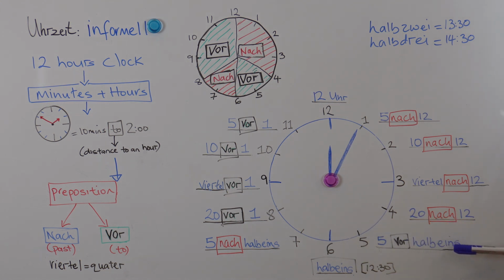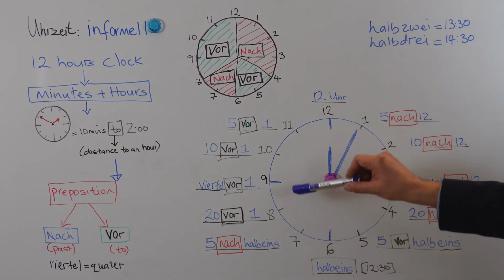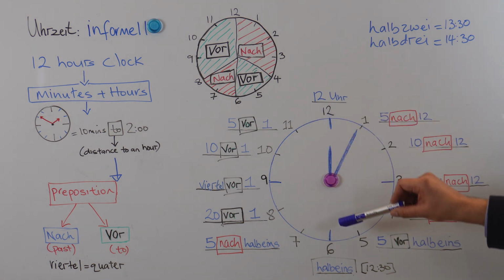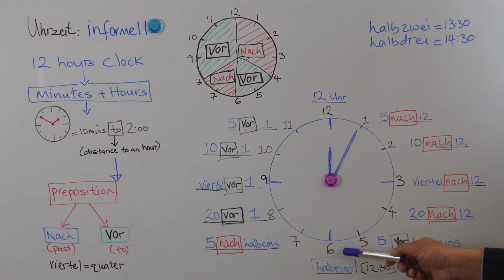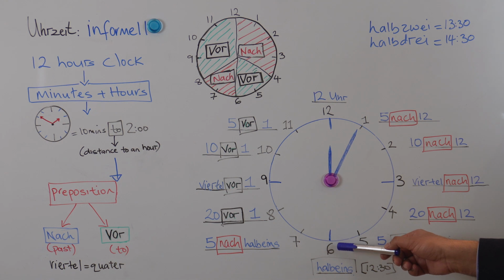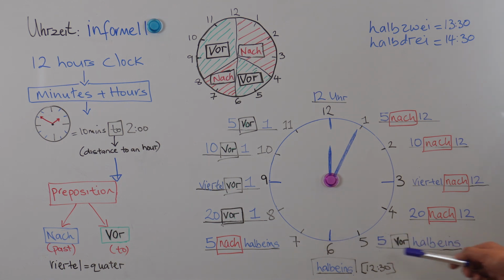So halb eins means half an hour to 1 o'clock. That is halb eins. And 5 vor halb eins means that there are 5 minutes before halb eins.